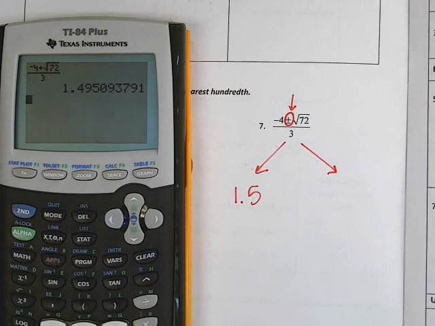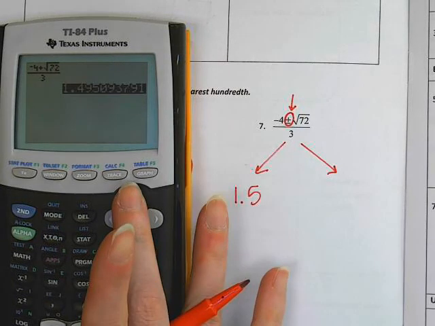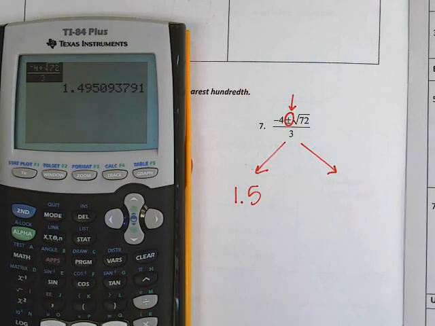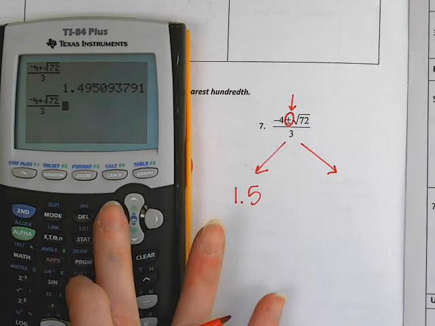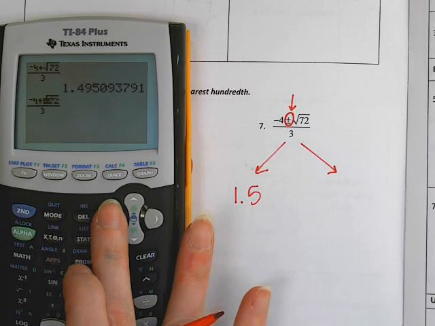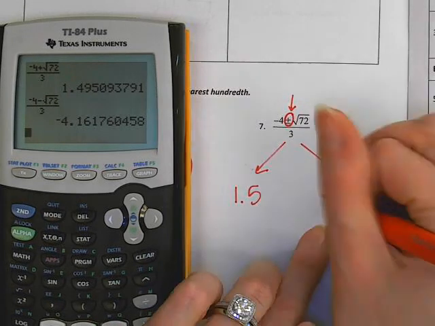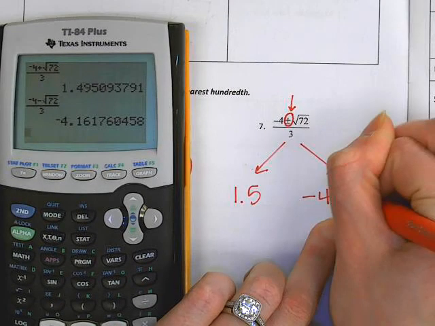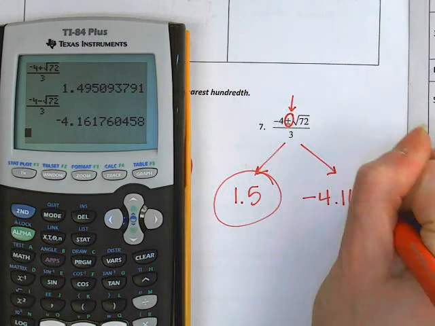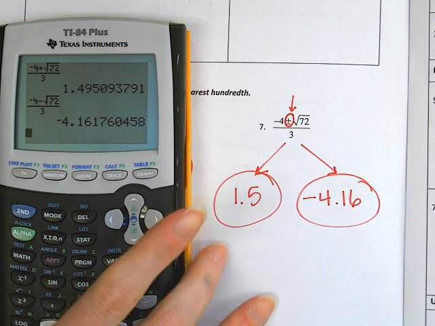And now let's do it with the minus sign. Okay, so we're going to redo it with the minus sign. Let me show you guys a shortcut. If you hit the up arrow and hit enter on it, you could just go and edit the plus into a subtract. And then you don't have to type it all in again. This one's negative 4.16. It's kind of a shortcut.